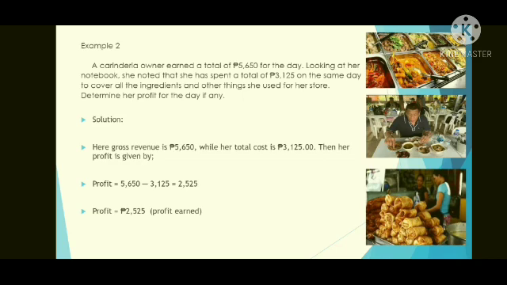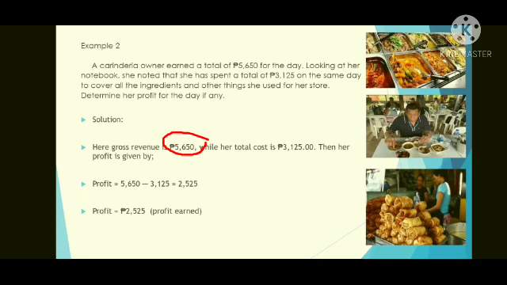So we can simply substitute revenue and cost to our problem by using profit equals revenue minus the cost.